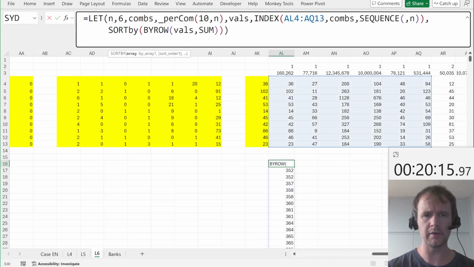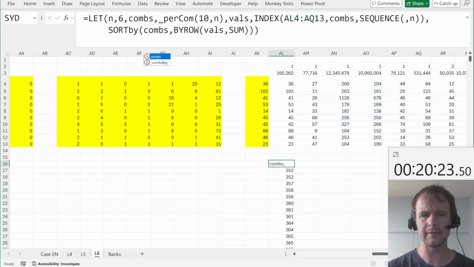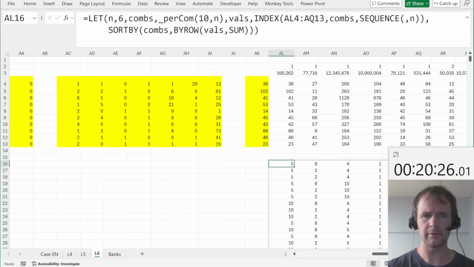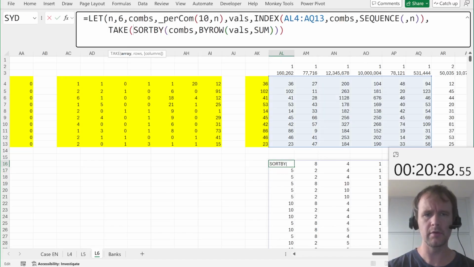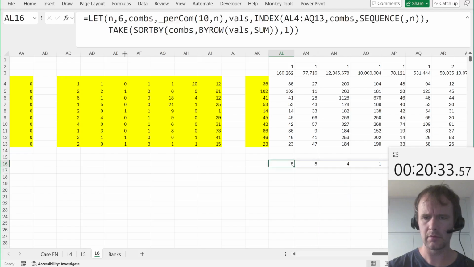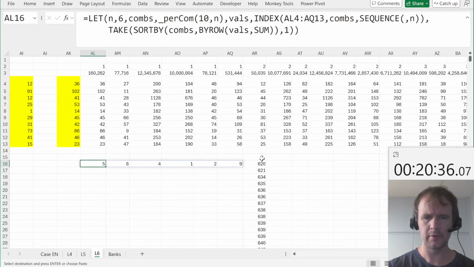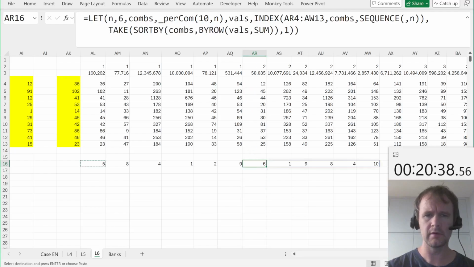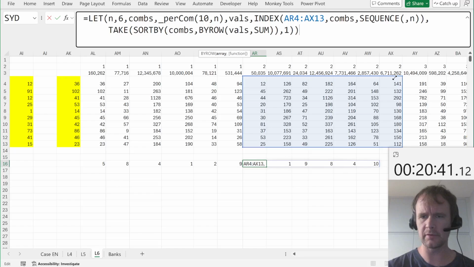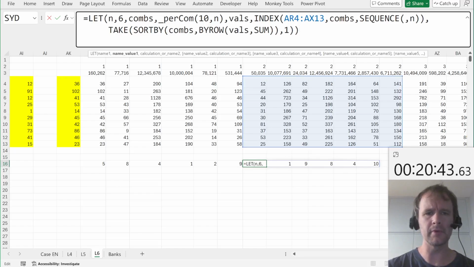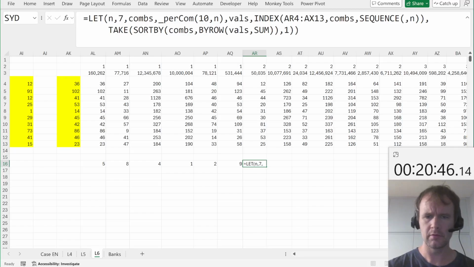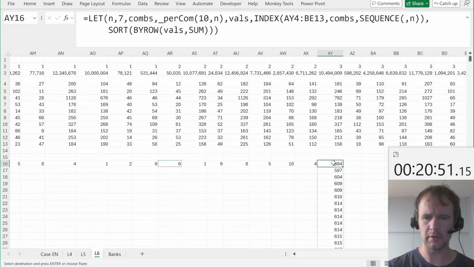So then, what I want is to sort by, I think, sort combs by that. And then I just want to take the first one of that. Calculator to do that, fine.